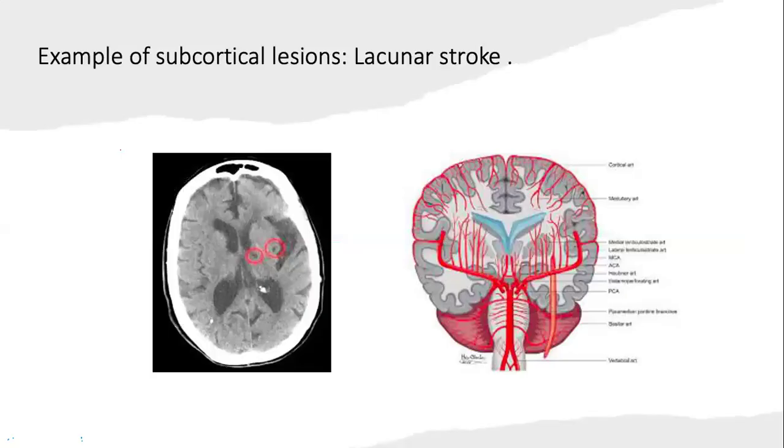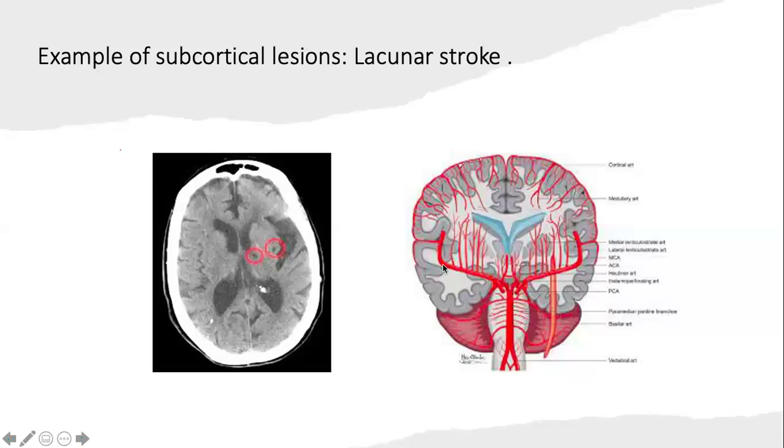What are the classic examples that can cause a subcortical lesion? The most common cause of a subcortical lesion is the lacunar stroke. Lacunes are small penetrating vessels that supply the deep subcortical area, all small vessels, usually between 10 to 15 millimeters in size. If there is atherosclerosis and occlusion of these blood vessels, which happens most with hypertensive patients, they will have these small lacunes, or what we call a lacunar stroke.